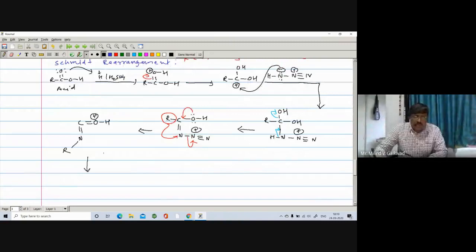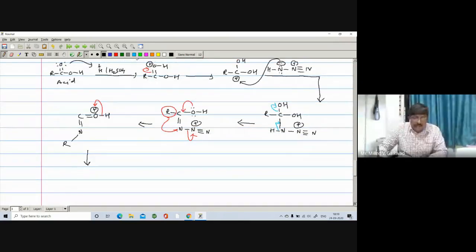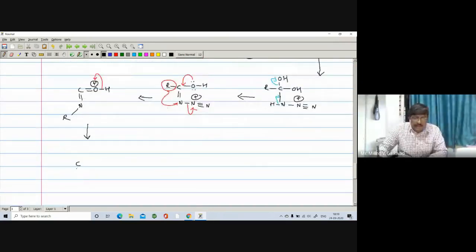So here this sigma bond will open on the oxygen, and you are having such type of compound, right? So here is a carbon, here is a carbon, here is a double bond, here is N, here is R, and here is a double bond O, right? And this is called isocyanate, right?